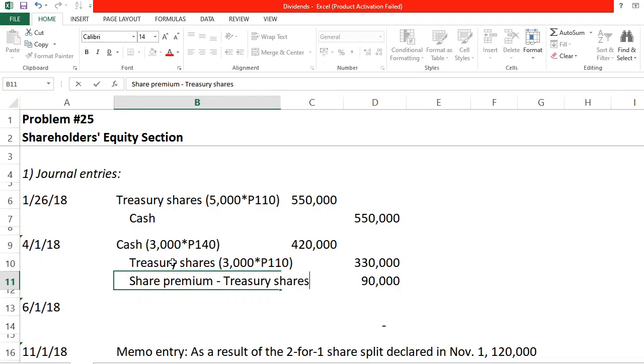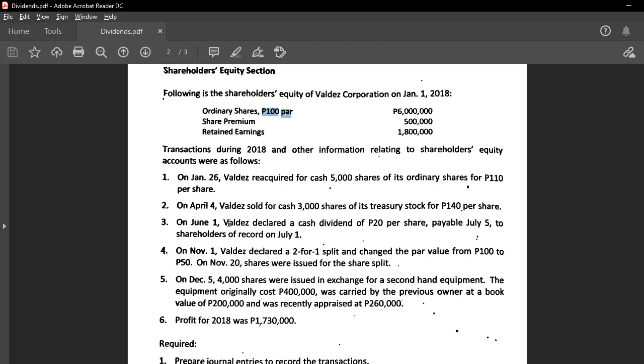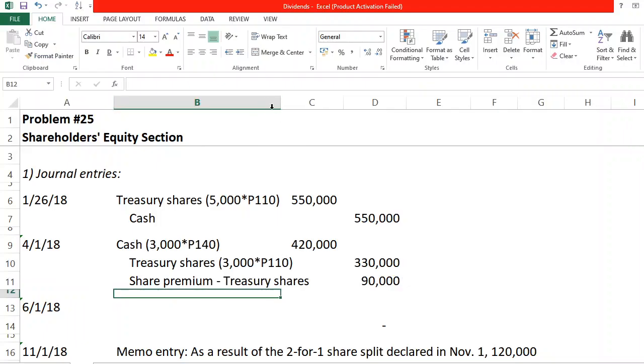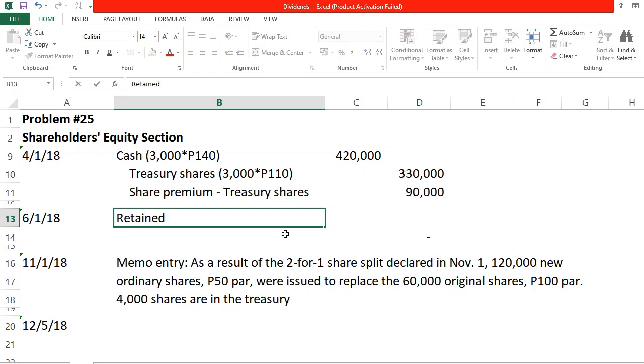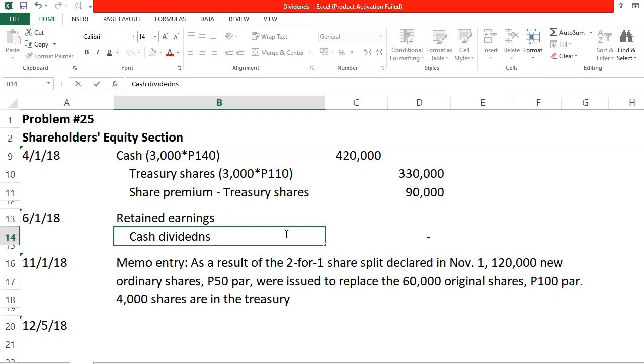Okay. Next, we have June 1, Valdez declared cash dividend of 20 pesos per share, payable July 5 to shareholders of record on July 1. Okay, so again, we are going to prepare the entry for this date of declaration, which is retained earnings debit, decreasing it, in exchange for cash dividends payable.